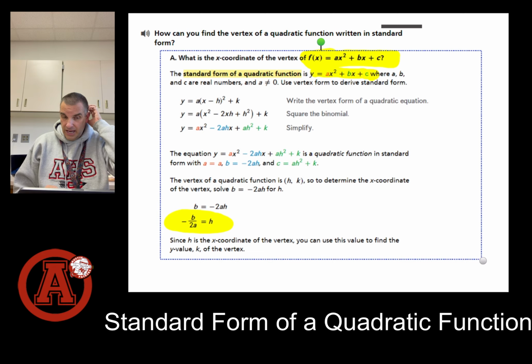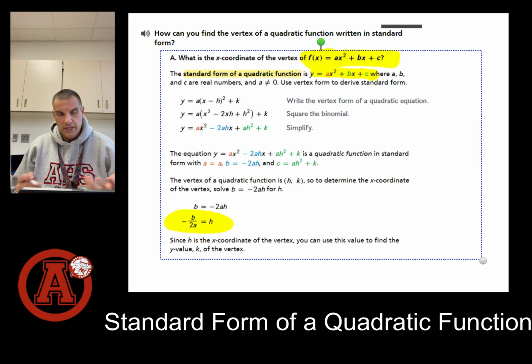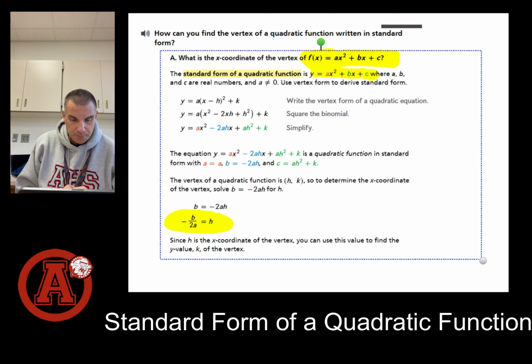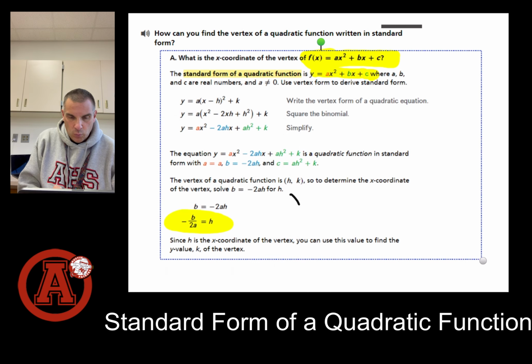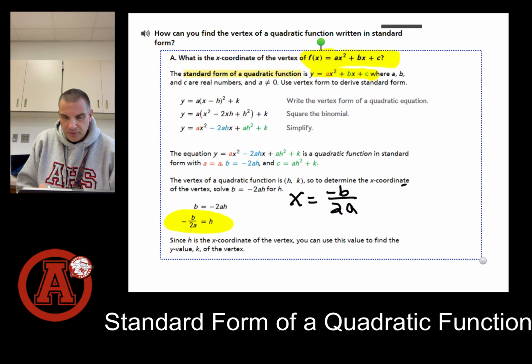When we do that, you get h is equal to negative b over 2a. Now remember that h is just the x-coordinate of the vertex. So if we want to find the x-coordinate of the vertex, we can set x equal to negative b over 2a. That's going to give us the x-coordinate at the vertex.